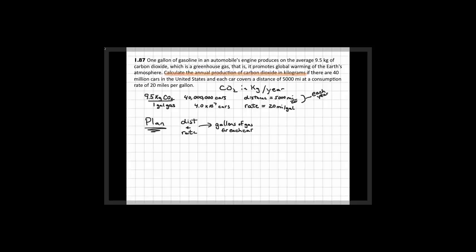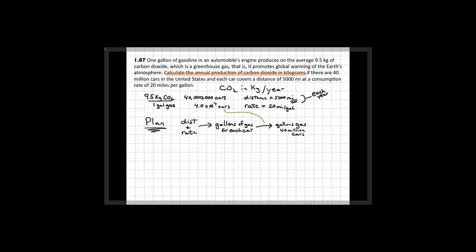Okay, so then once I have gallons of gas for each car, since I know there's 4 times 10 to the 7th cars, if I multiply through by that many cars, I will have gallons of gas for the 40 million cars.